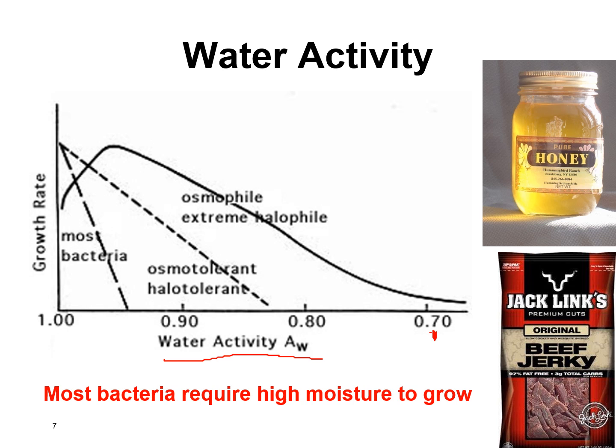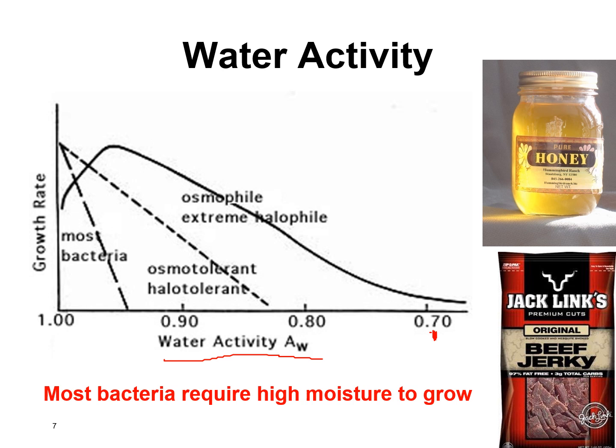So they can tolerate some salt and still divide and do okay. And then here's our extreme halophiles, like living in the Great Salt Lake. So they can tolerate some pretty high salt concentrations in their environment, and that lowers the water activity that other microorganisms would not be able to survive.